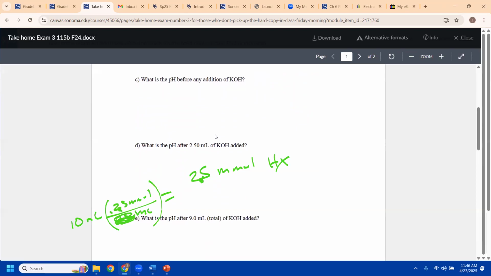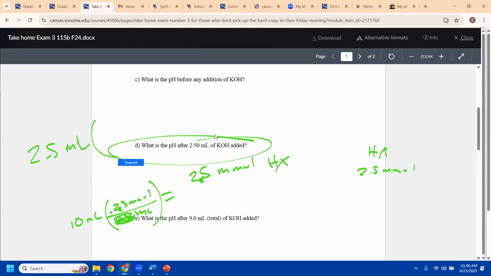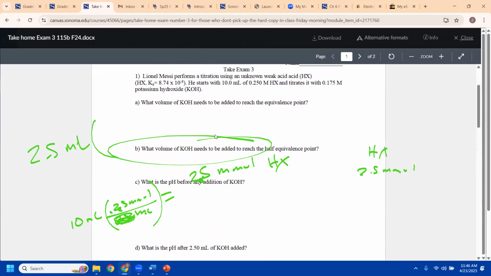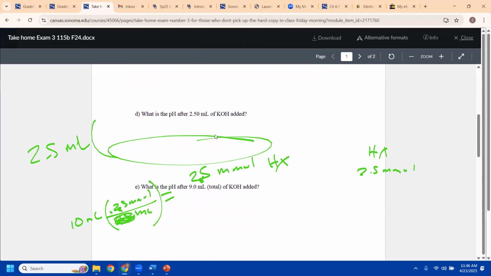For this 2.5 mils added, it's a stoichiometry problem. Our HX is 2.5 millimoles, and we're adding 2.5 milliliters of what was the KOH solution? 0.175 millimoles per milliliter.